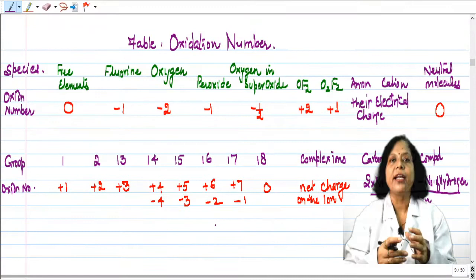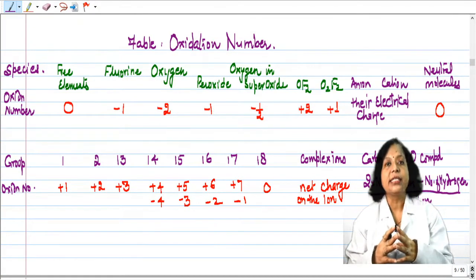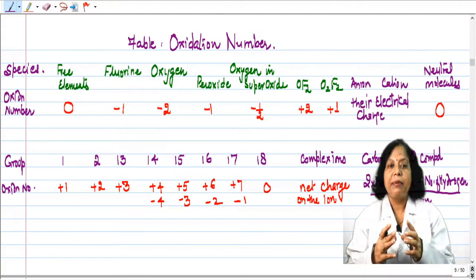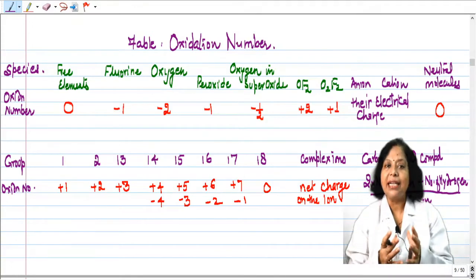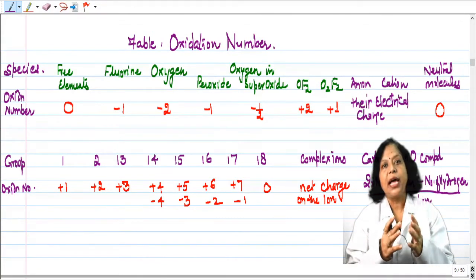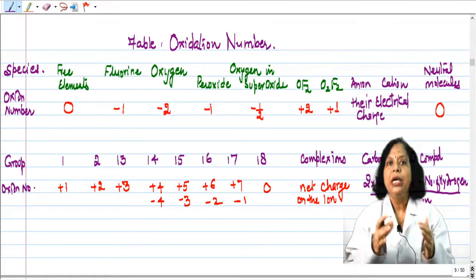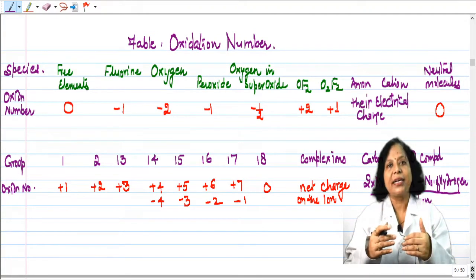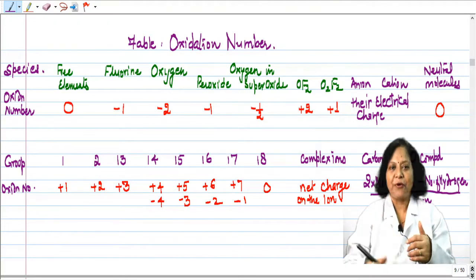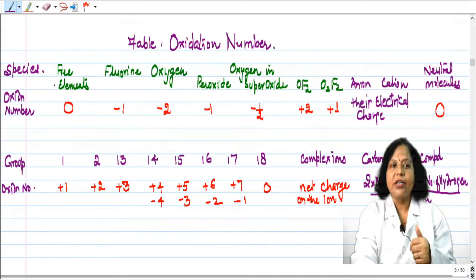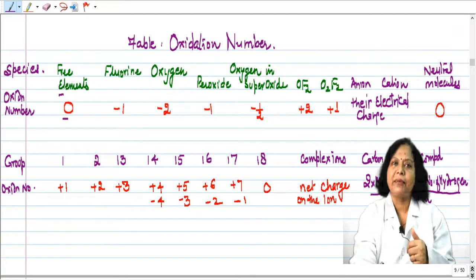Now, before understanding the example, we need to understand the table. Children, I have compiled this table so that on one page you have all the values, and you are able to learn, and when you are practicing, it will be easy for you. The first column is the species. If there are free elements, the oxidation number is 0.